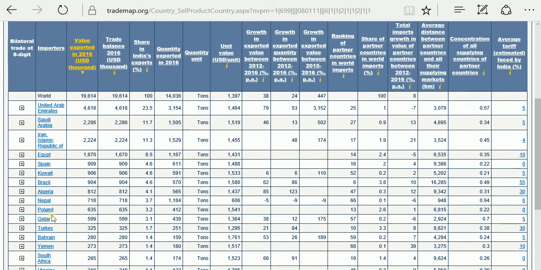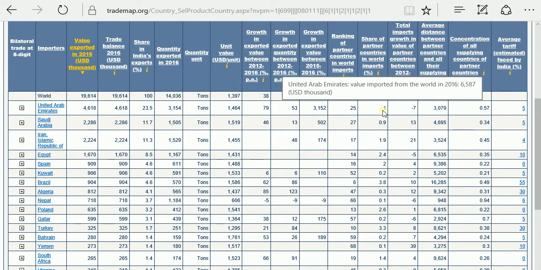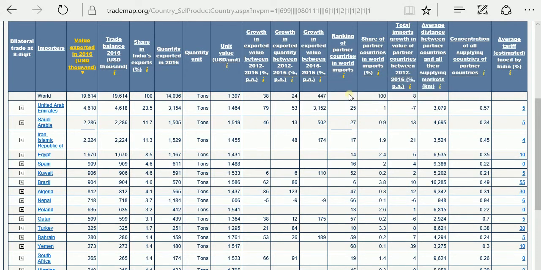Whereas if we take some other country, say Bahrain, it is just 1.4%. So for desiccated coconut, when we come to the share ranking of the partner country's import, UAE is at rank 25 when we consider the total import from the world, and it records only 1% of the total imported value. Here the total import growth has recorded -7%.